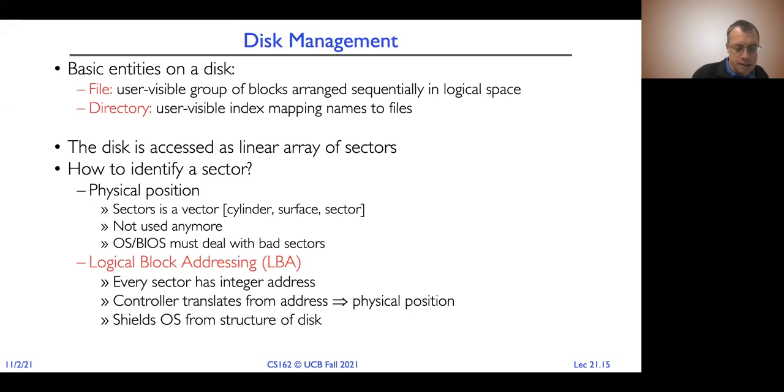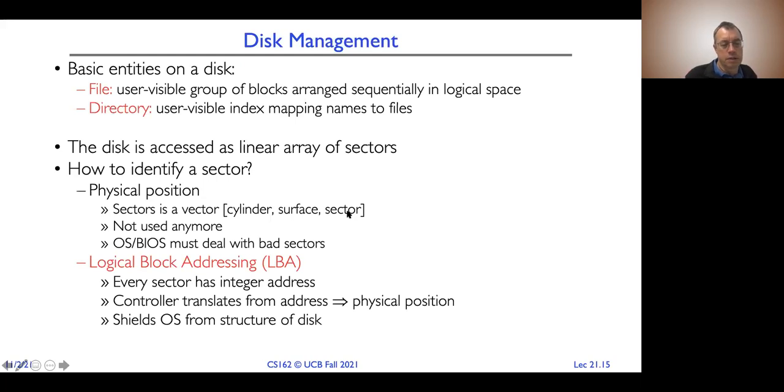You have a bunch of sectors on a track, and a bunch of tracks on a face of a platter. For each platter you have two faces, and a hard disk drive has multiple platters. So a sector is defined by, like I mentioned earlier, the cylinder, the surface, and the sector.